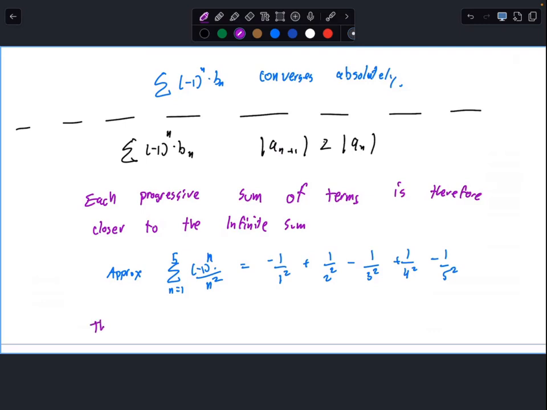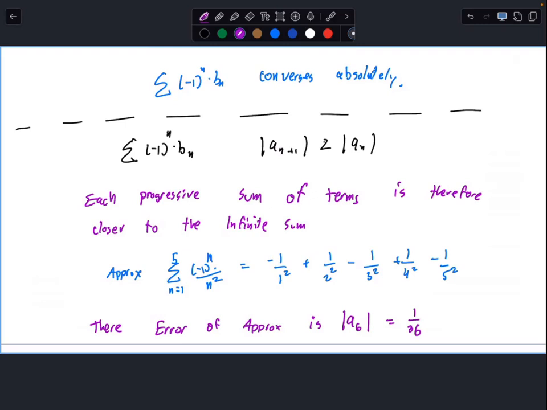The error of this approximation is simply the absolute value of a_6, the next term, which in this case is 1 over 36. So I know that my sum is off by no more than 1 over 36, basically a Lagrange error bound.